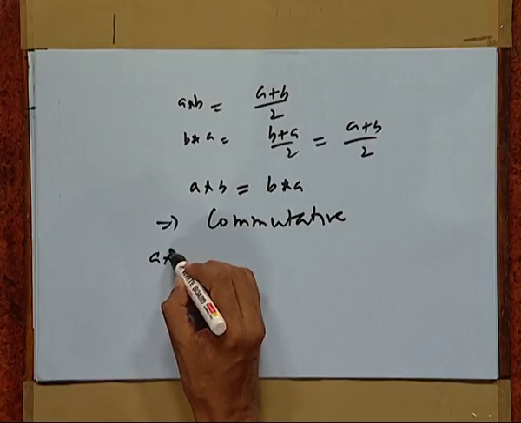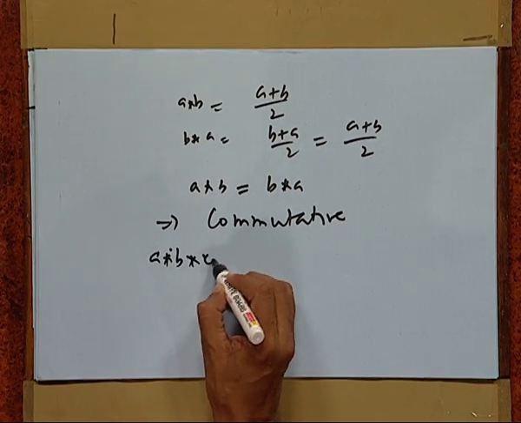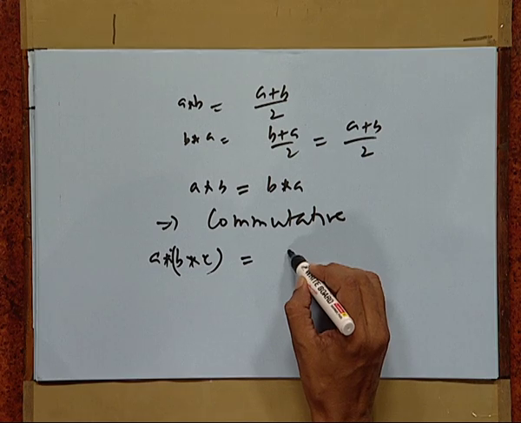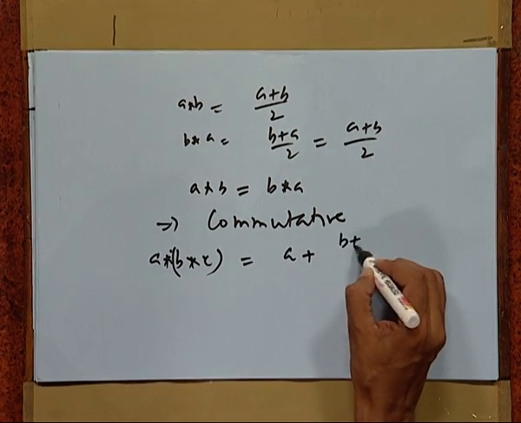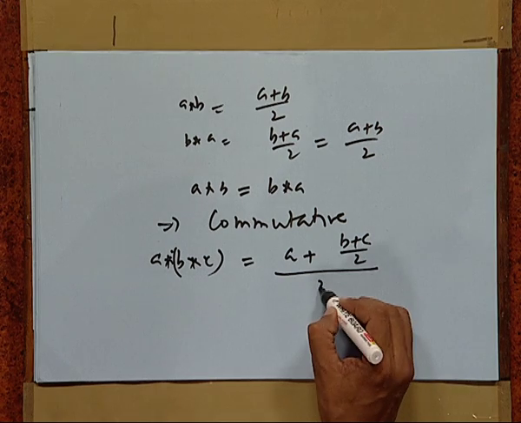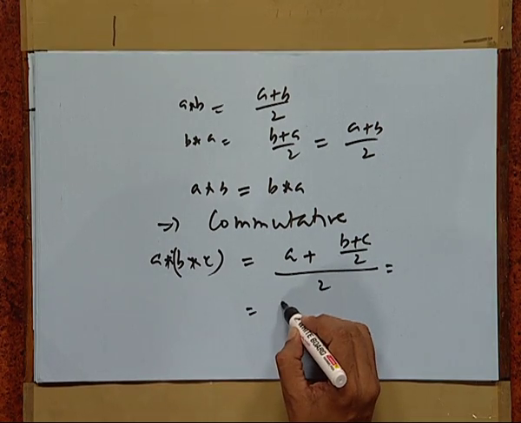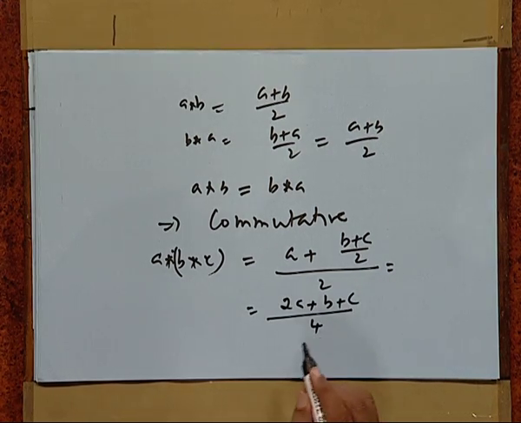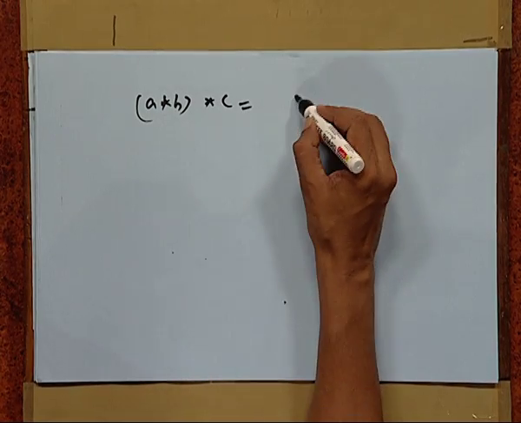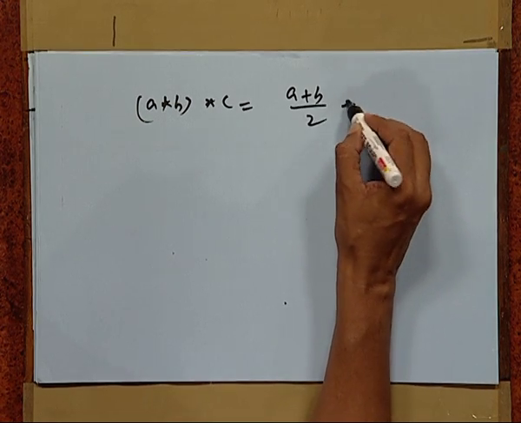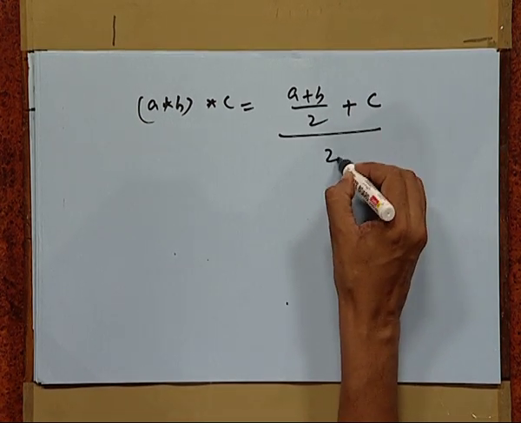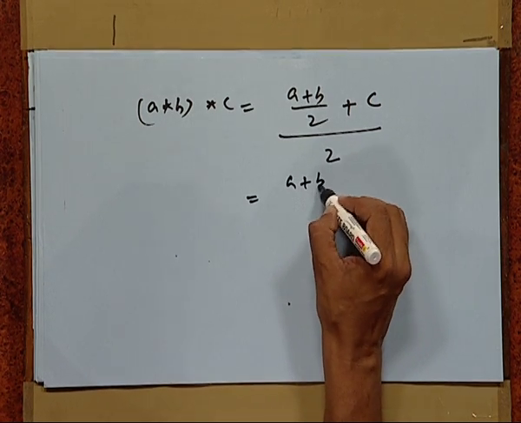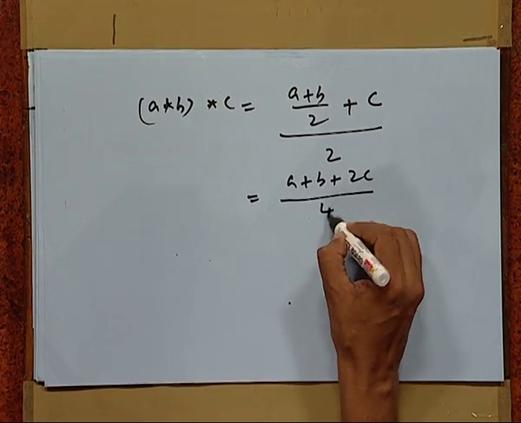Let us take the next property, (A star B) star C. This is ((A plus B) by 2 plus C) whole by 2, that is (2A plus 2B plus C) by 4... while A star (B star C) is equal to (A plus (B plus C) by 2) whole by 2, that makes it (2A plus B plus C) by 4.